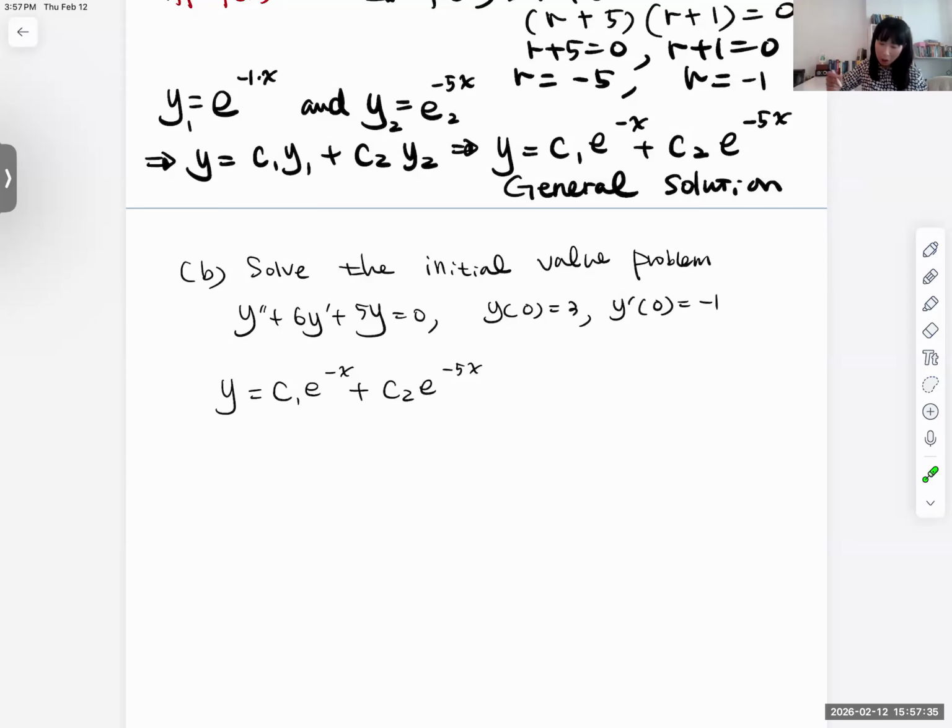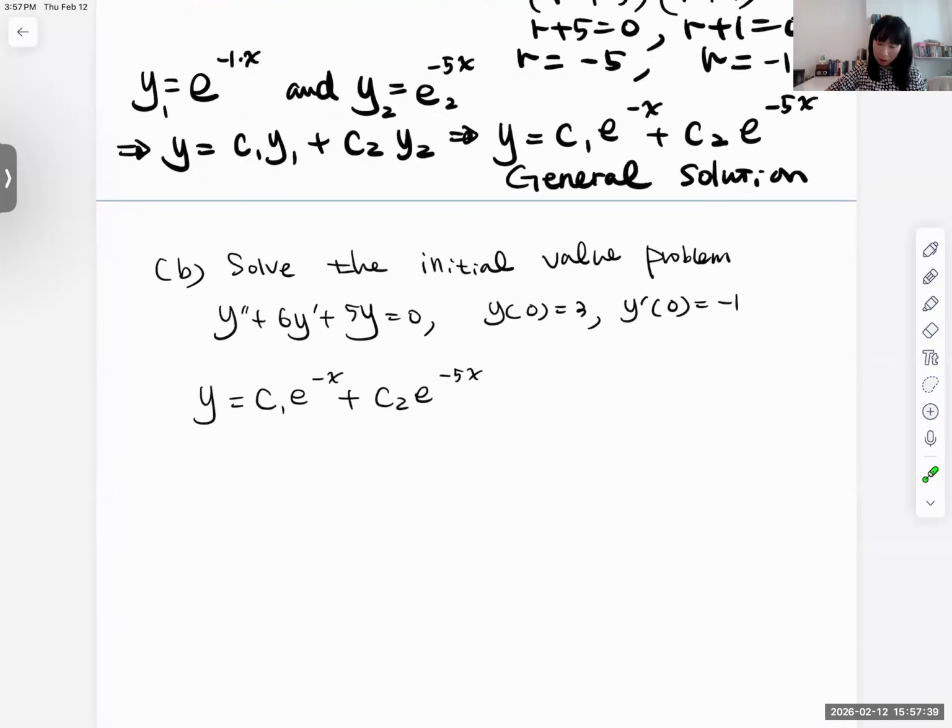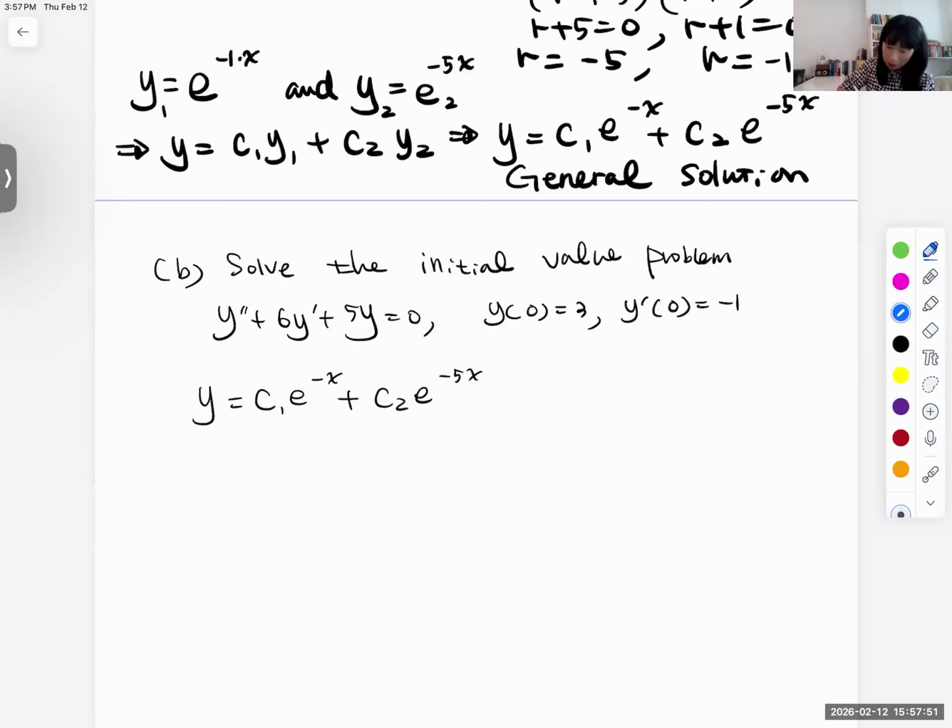All right, so we have y equal to c sub 1 e to the negative x plus c sub 2 e to the negative 5x. What is y prime? Let us find y prime equal to e to the negative x times negative 1, right?